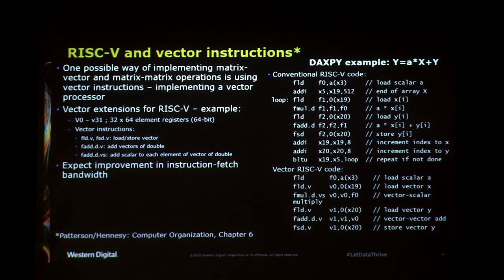If you have RISC-V vector code, and assuming some neat implementation underneath, your code length becomes significantly shorter because there's no looping anymore. Depending on the actual width of the registers, you can have an order of magnitude reduction in the size of the code. And because of improved instruction bandwidth, you're going to get much higher performance.